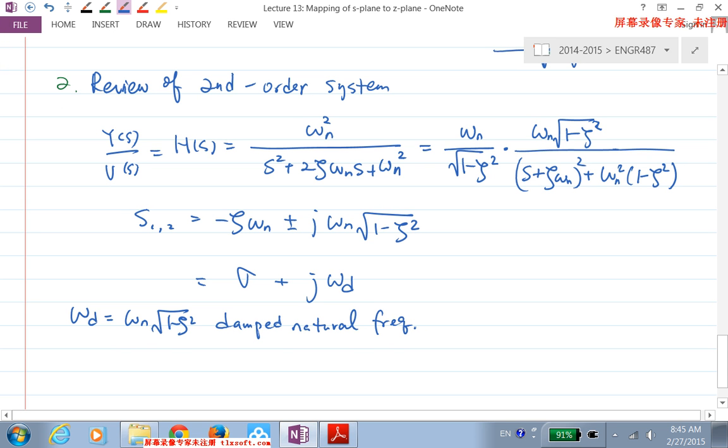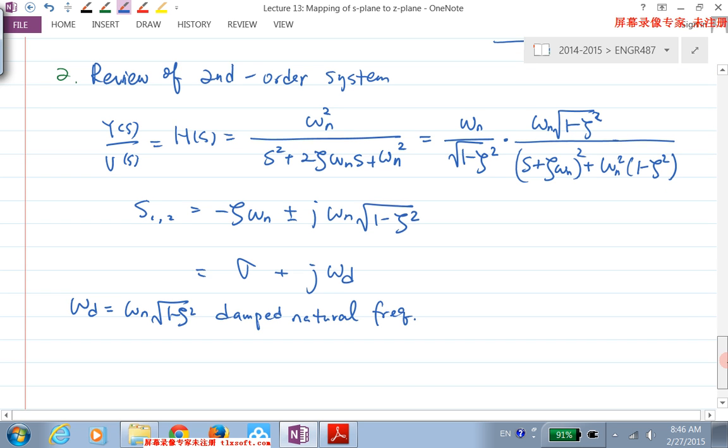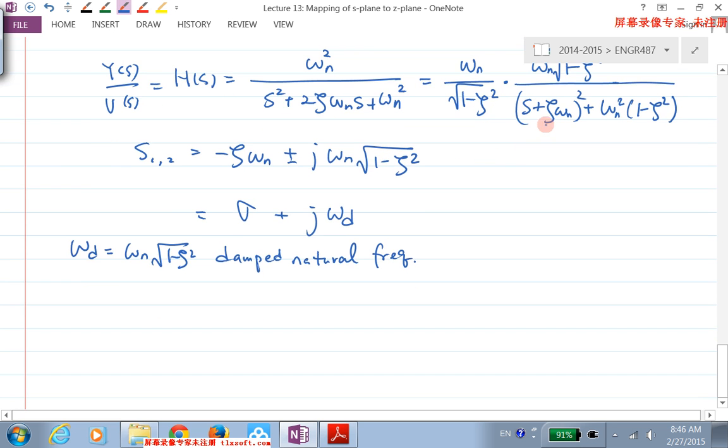So zeta is the damping ratio, and omega n is the natural frequency. Now, given this second order system, people look at the impulse response and step response of the system. When your input is an impulse, that's your impulse response.